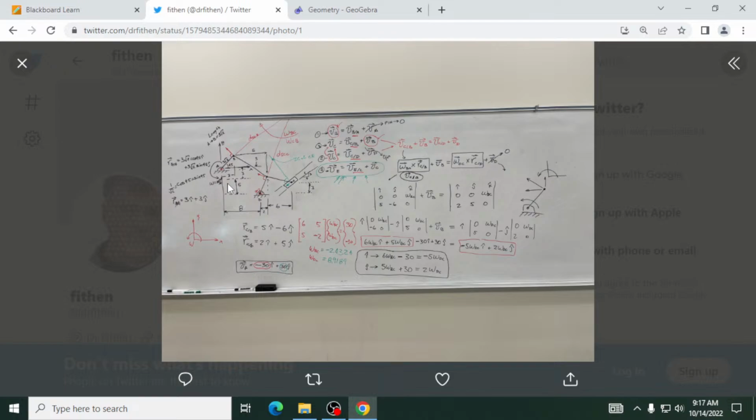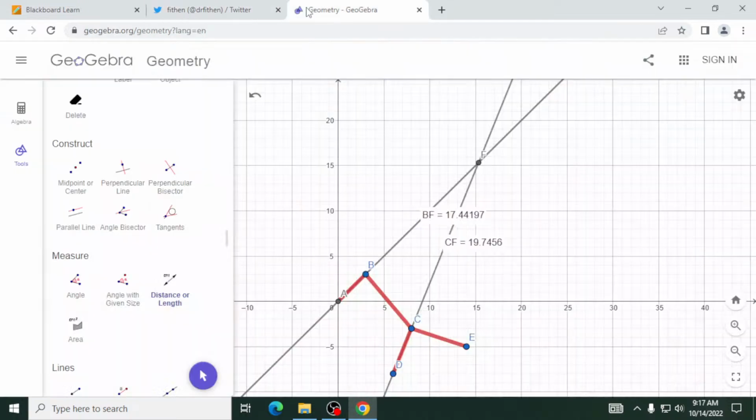The omega of that first link, if I zoom way in on it, was 10 radians per second. So let me go back and I'll write on this. This thing was 10 radians per second.